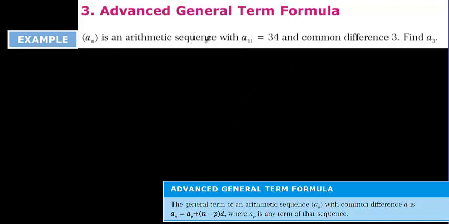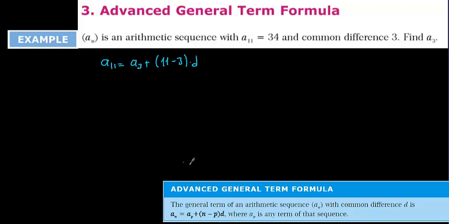With this example, A11 is equal to 34, the common difference is 3, find A3. If you replace the formula directly, you can find it, because A11 is equal to A3 plus 11 minus 3 times d.